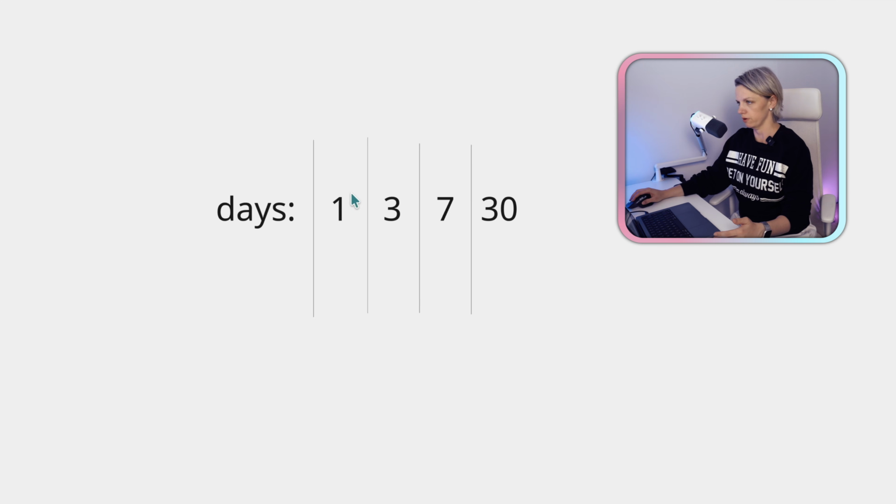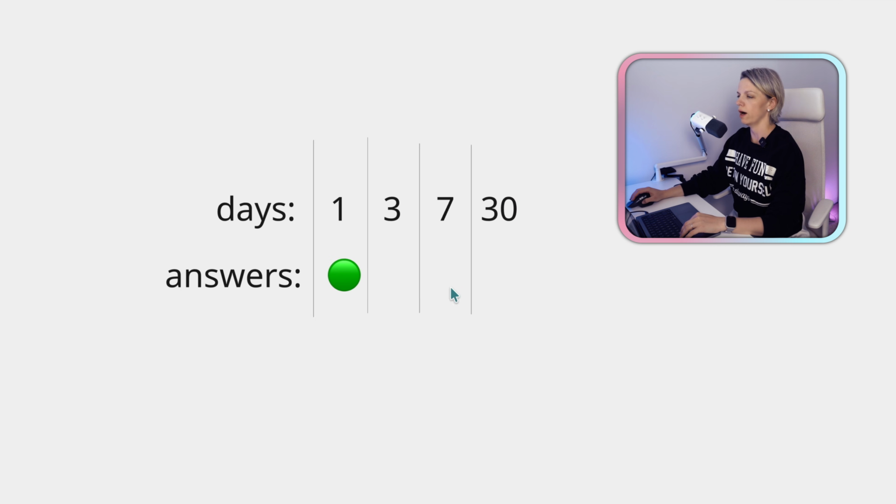But before we dive into this building process, I want to explain a little bit what is the logic that we're going to implement for our buttons. I want my system to have these intervals: 1 day, then 3 days, 7 and 30. It means that if I have one correct answer, the next practice session will be set for tomorrow.